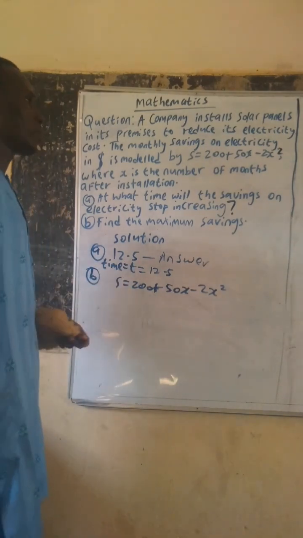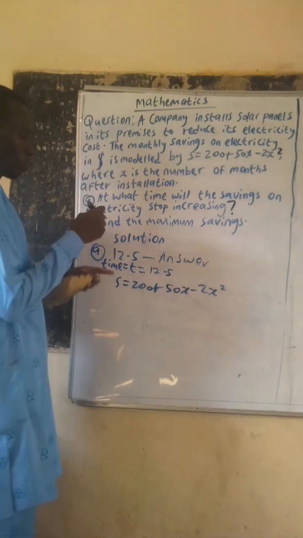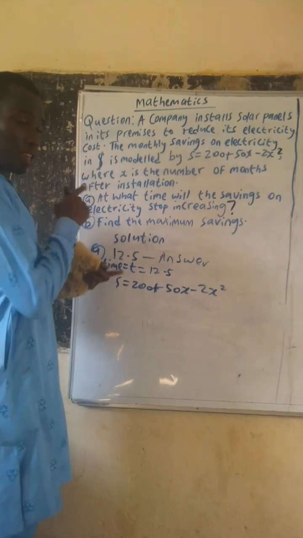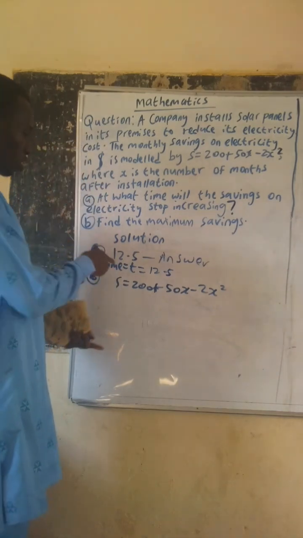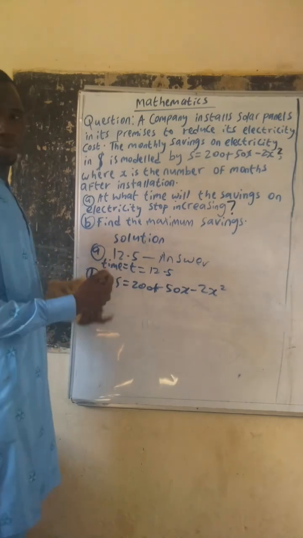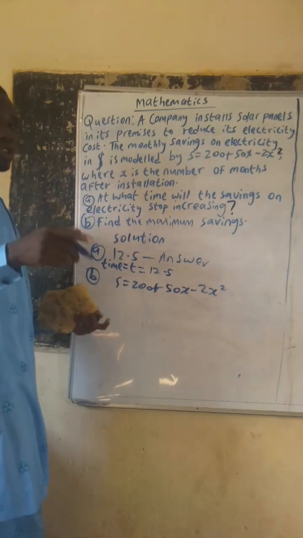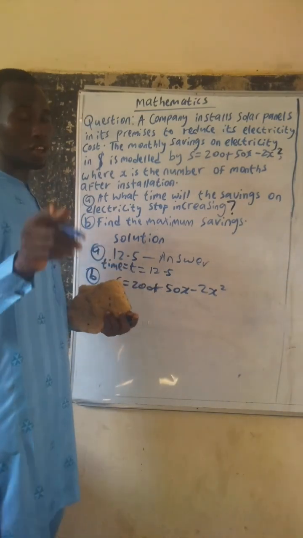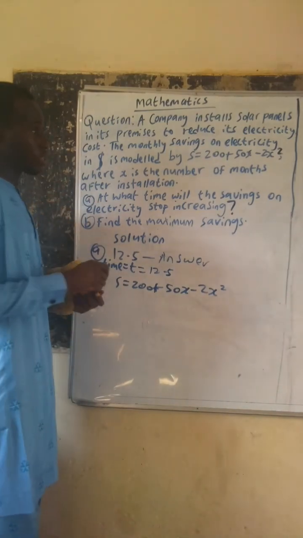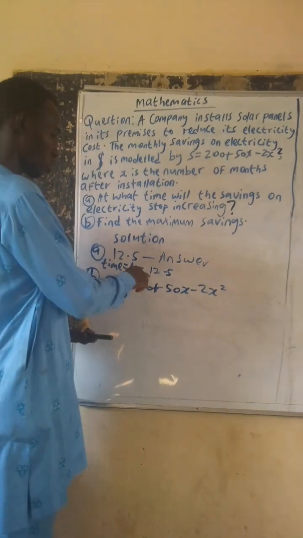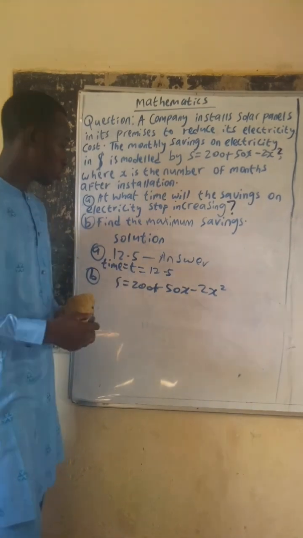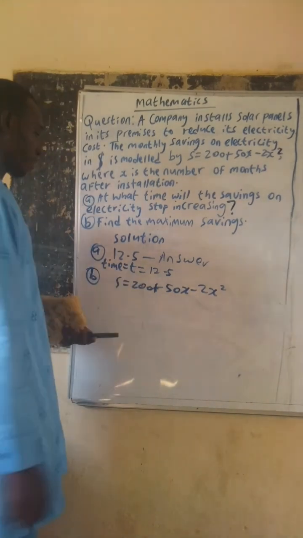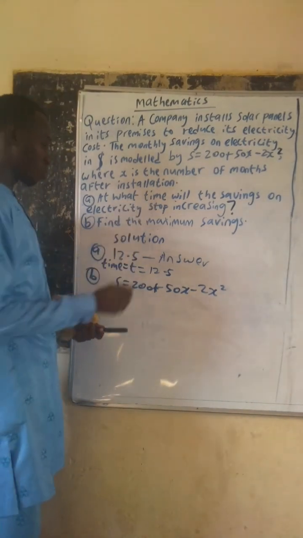I represent time as x here, so it's the same thing as this t. x was 12.5, but still, it's the same thing as this t, which is 12.5.